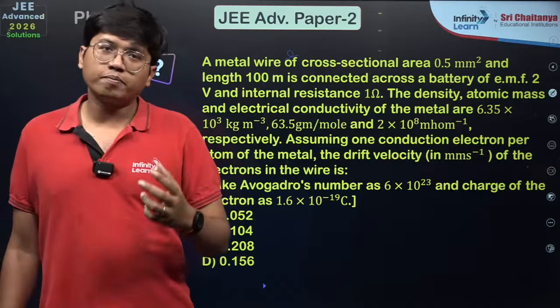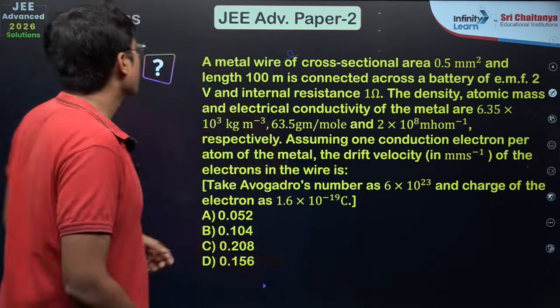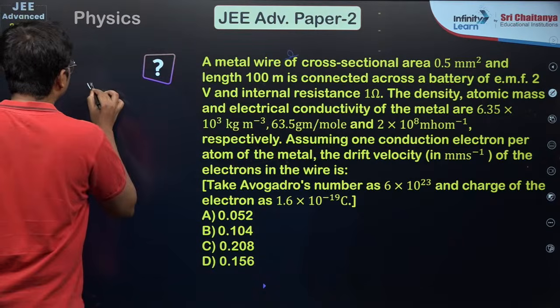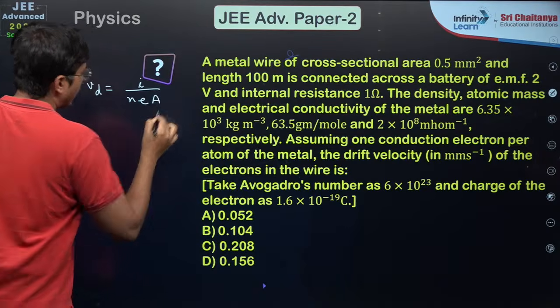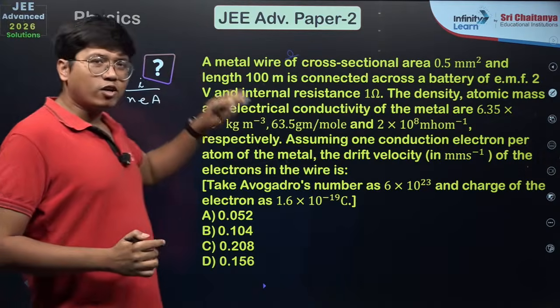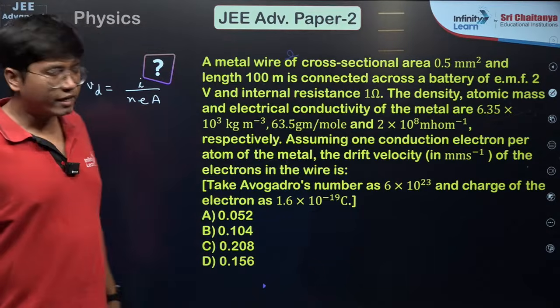Now, I'll go over the main concept and I'll say where most students, I believe, might have made a mistake over here. So the drift velocity formula you would generally go with is I divided by NEA. Now, the current we'll get into later, but you see this I by A can be written as the current density.